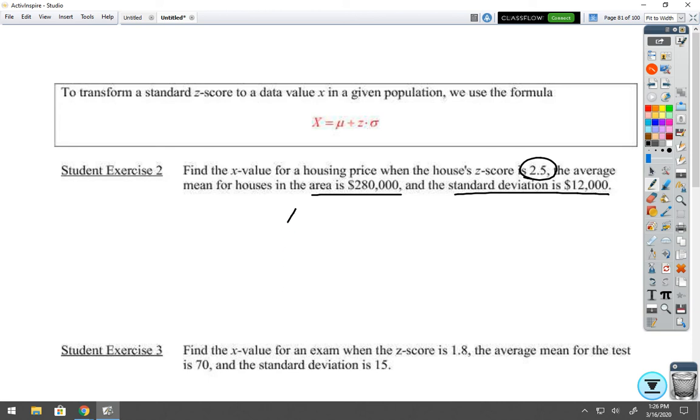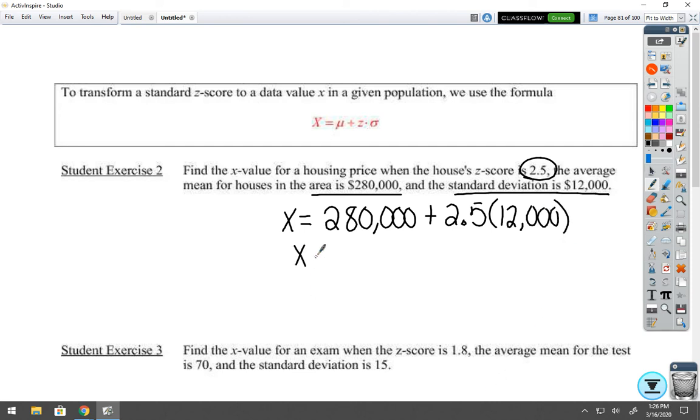Our x value will be equal to mu, the center of the data, plus the z-score, 2.5, multiplied by the standard deviation of $12,000. Our x statistic will be $310,000.